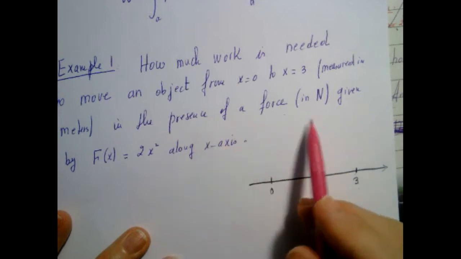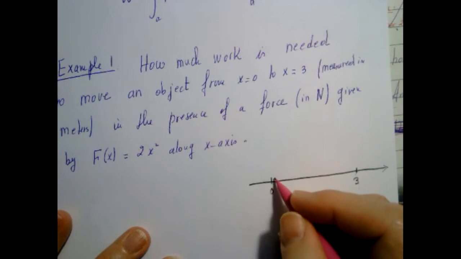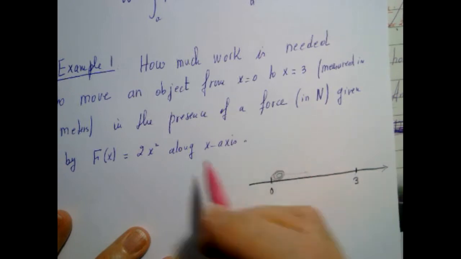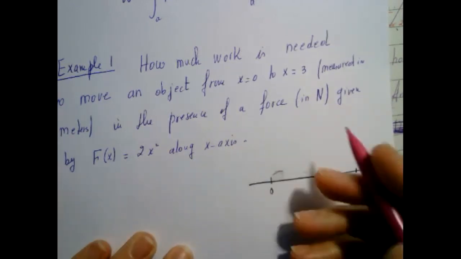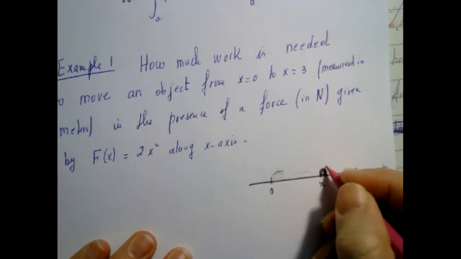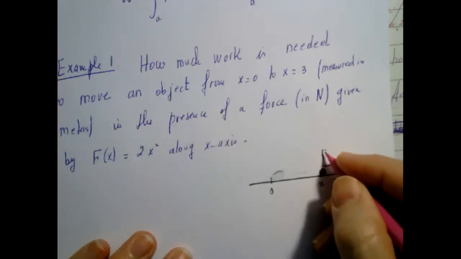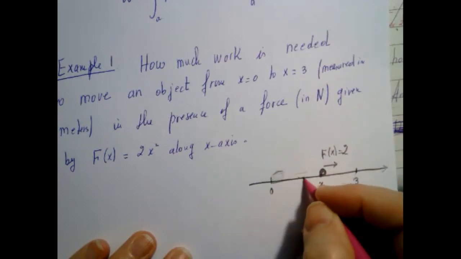But the force I need to move it varies with where the object is. So we have this object and we are moving it, but the force changes with where the object is on the line. So if the object is at the point x, the force we need is increasing, it is 2 times x squared.